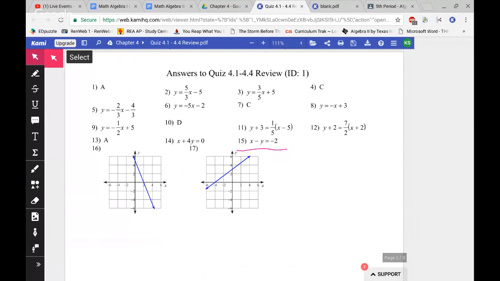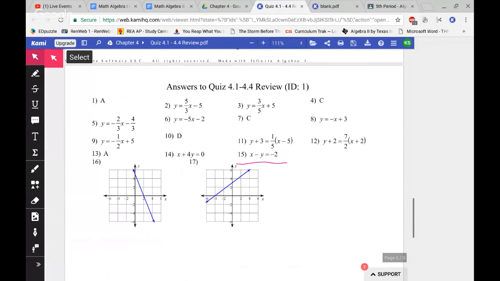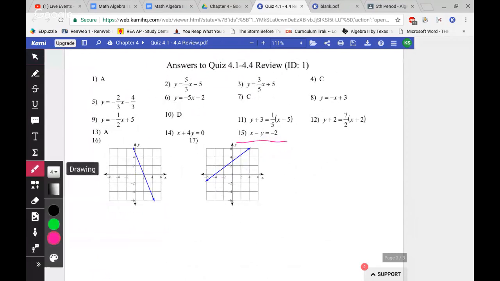Oh, no, that's for that problem. So for 5, I got something different. No, I got it right. I just put it plus -4/3. So my brain confused me.